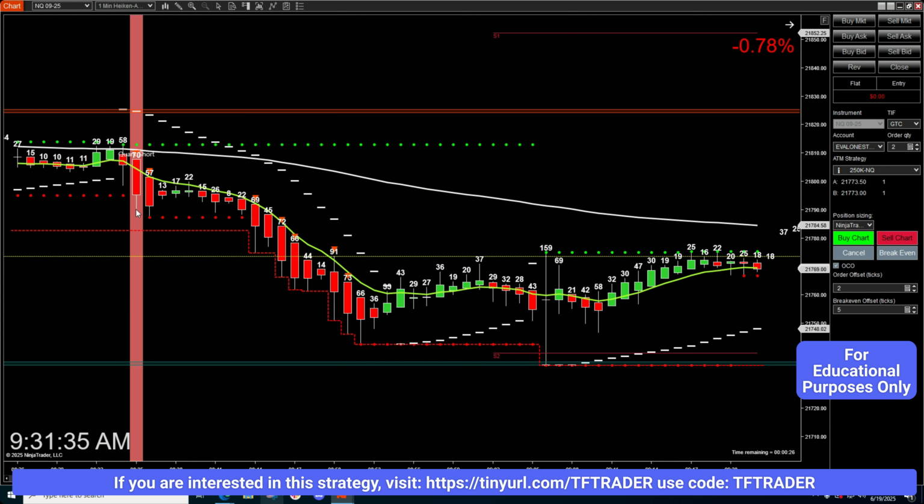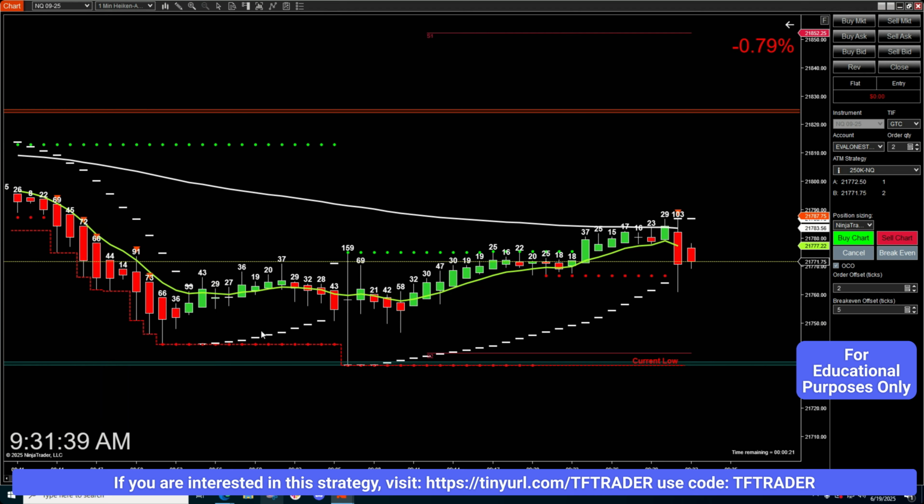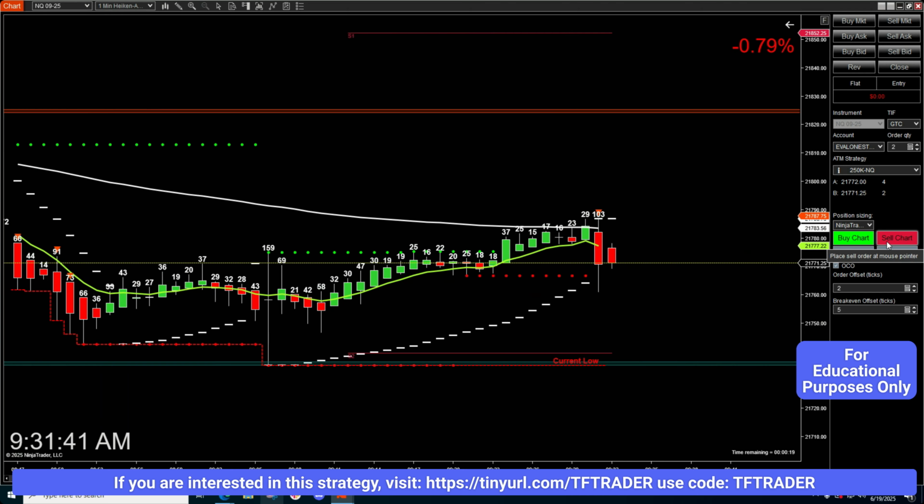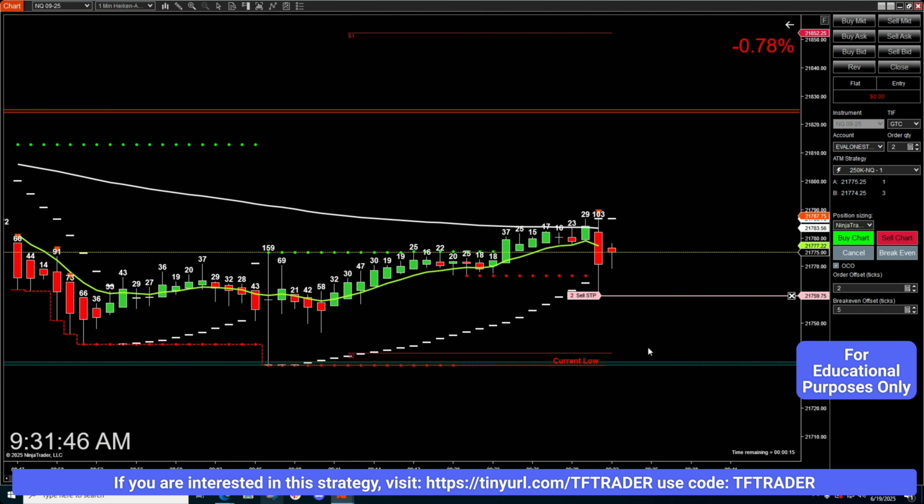So this was an invalid short here because we didn't have enough room here. We didn't have 80 ticks. So this would be an S2 type of trade here.